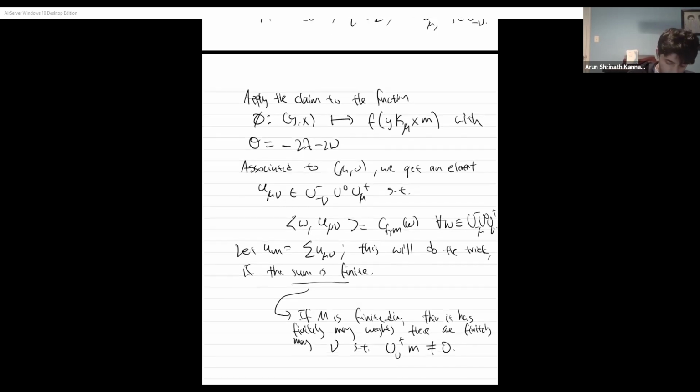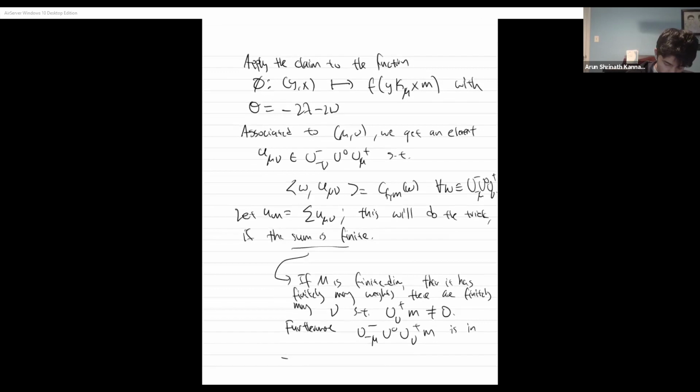Furthermore, u nu plus acting on M is an element in the lambda plus nu minus mu weight space, since M has weight lambda.